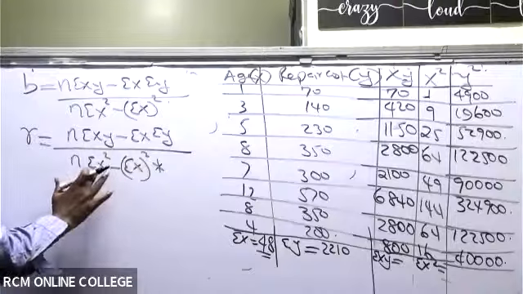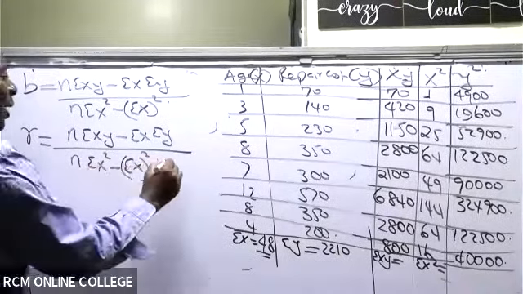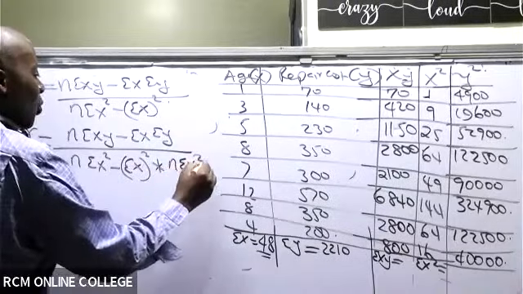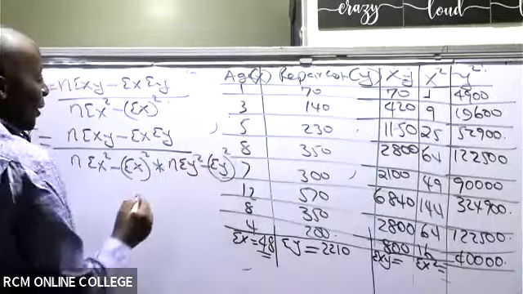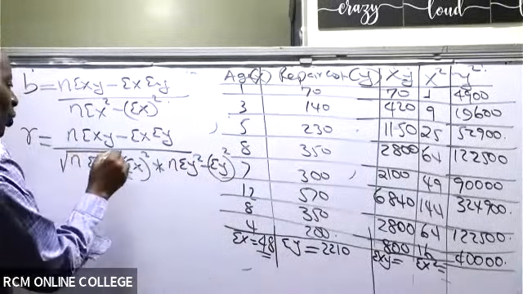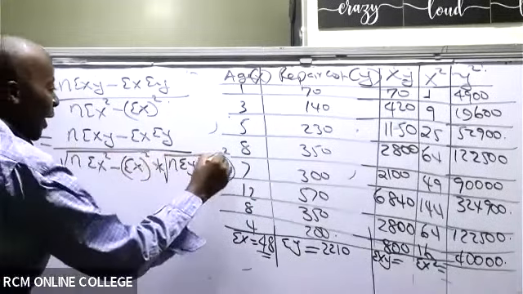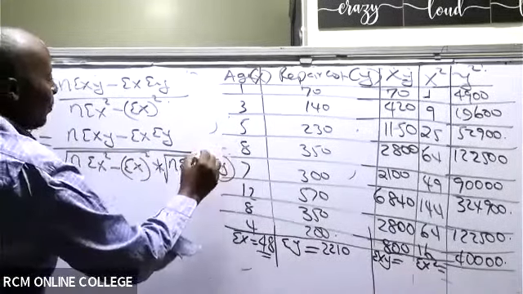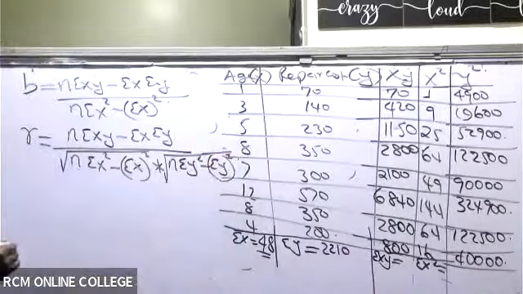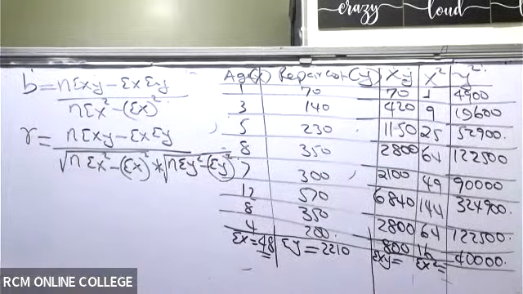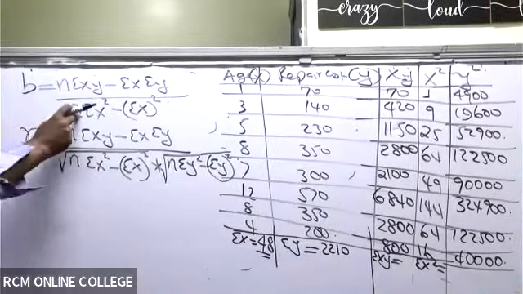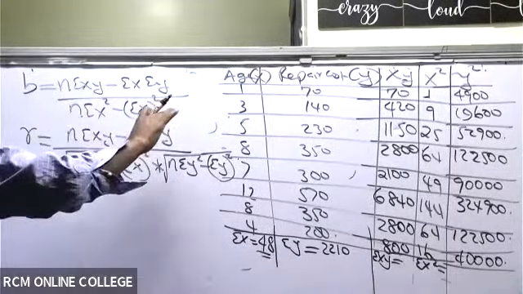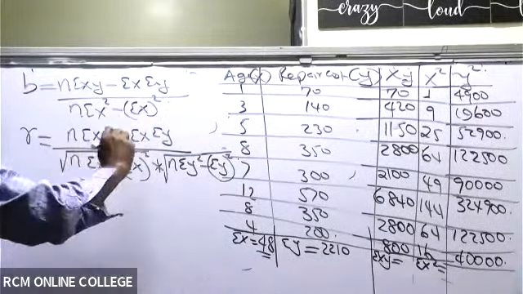So it becomes n summations of y squared minus sum of y squared. And then you put these under their respective square roots. I prefer putting them under their respective square roots.